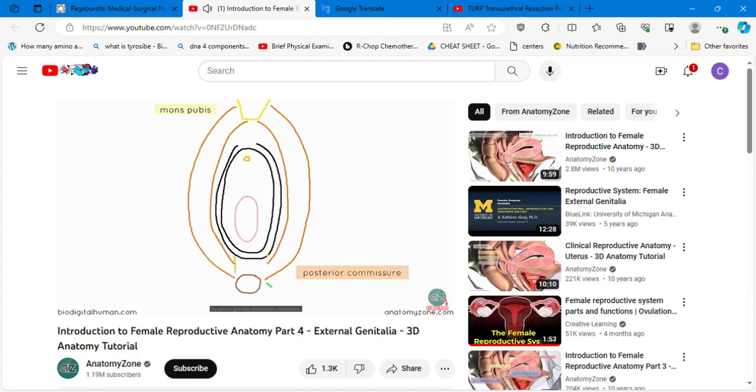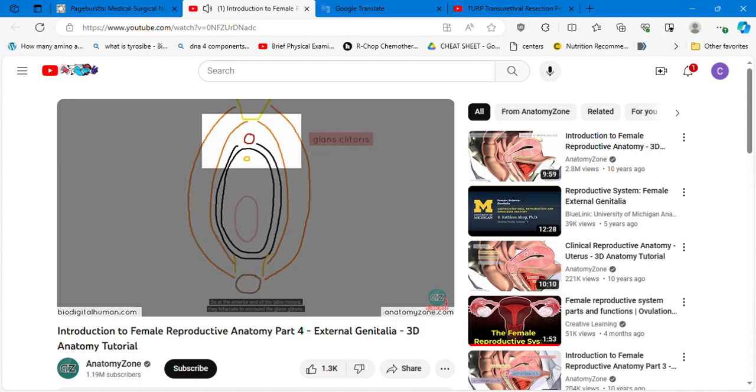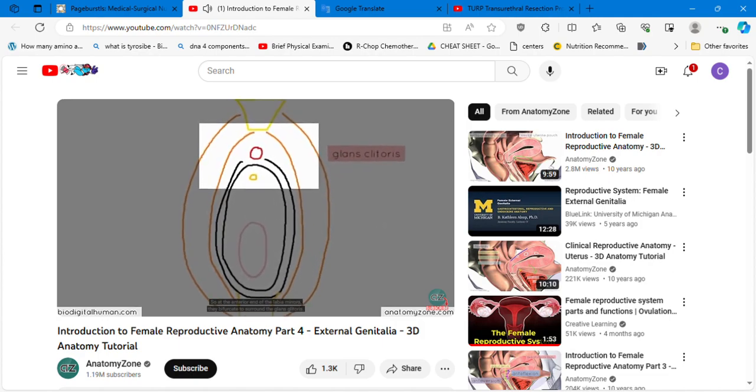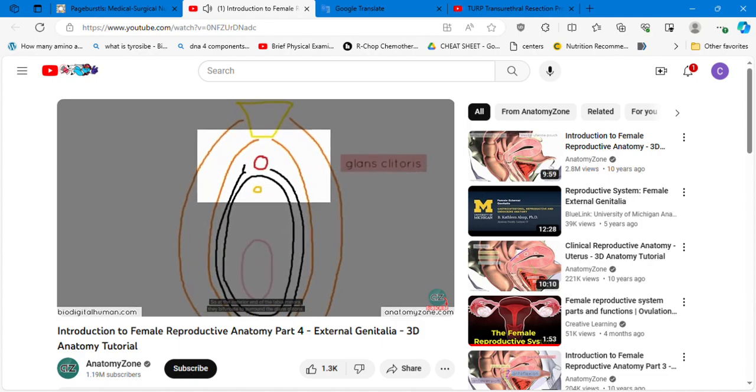So you've got this depression posteriorly. Anterior to the urethral orifice, you've got the glans clitoris, and the labia minora form folds around the glans clitoris. At the anterior end of the labia minora, they bifurcate to surround the glans clitoris.